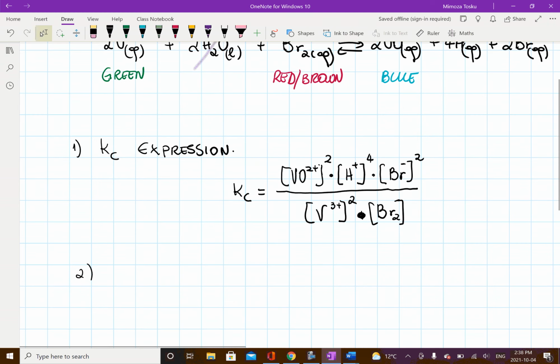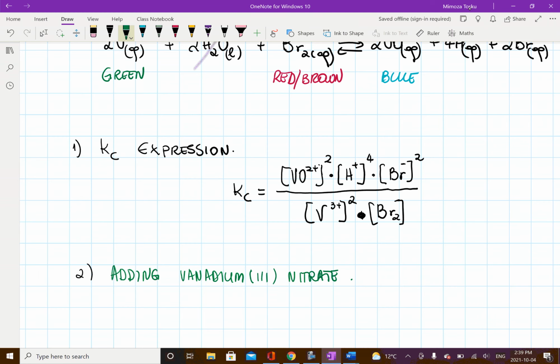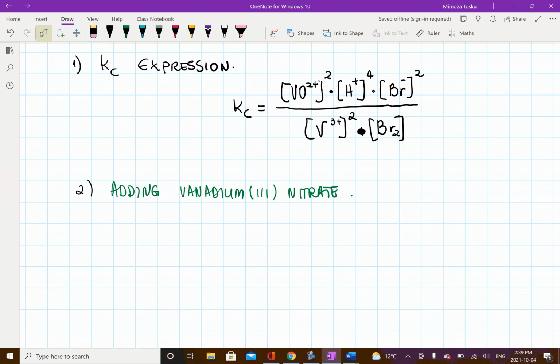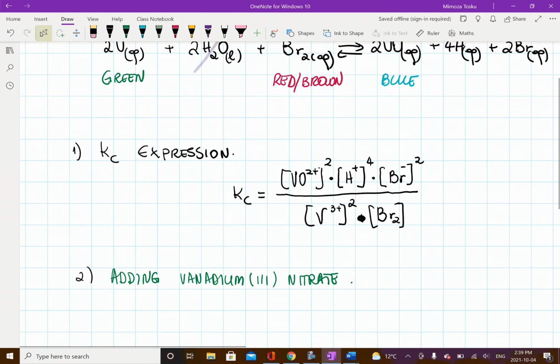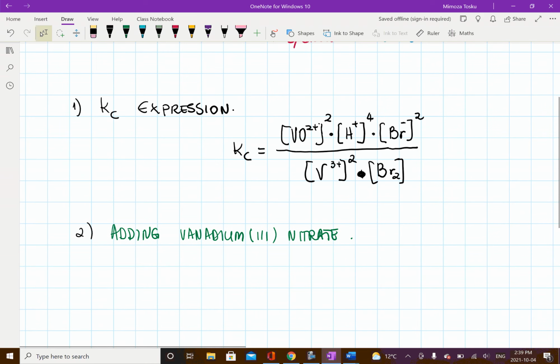When you add vanadium 3 nitrate, since it is in solution, it will dissolve into vanadium 3 plus and nitrate.